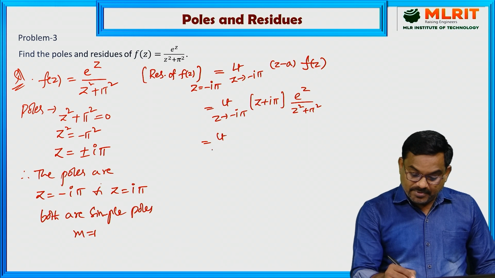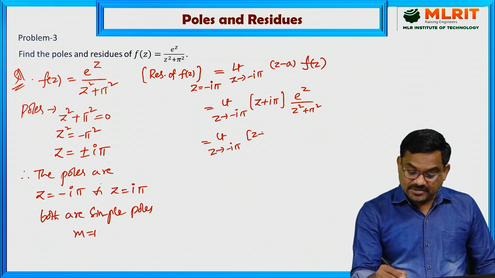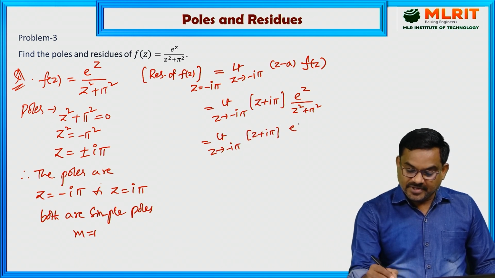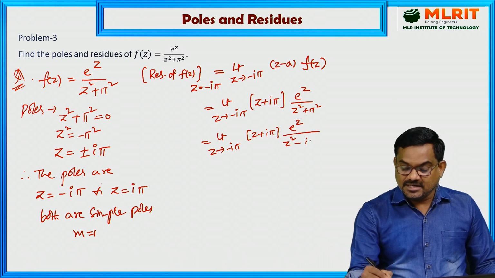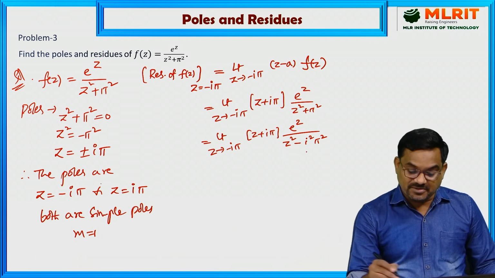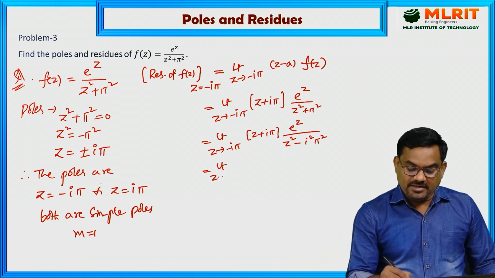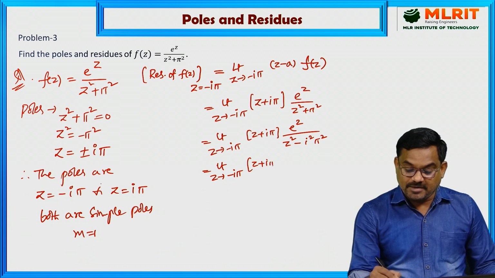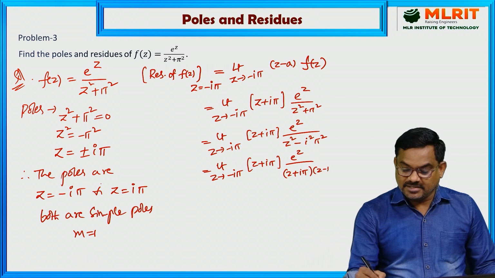To simplify this, first we need to write this function z plus i pi into e power z by z square minus i square pi square, which is in the form of a square minus b square. So we can write it as a plus b into a minus b: z plus i pi into e power z by z plus i pi into z minus i pi.